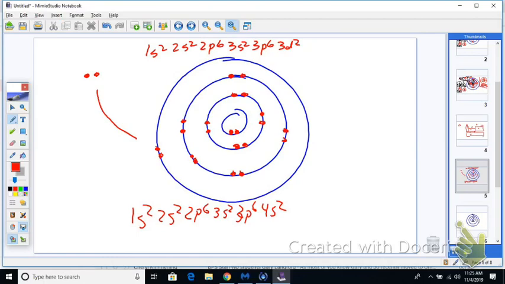So, why do the electrons choose one way over the other?